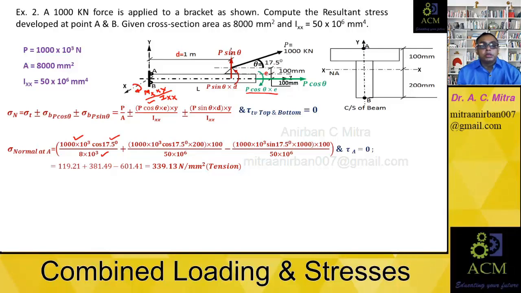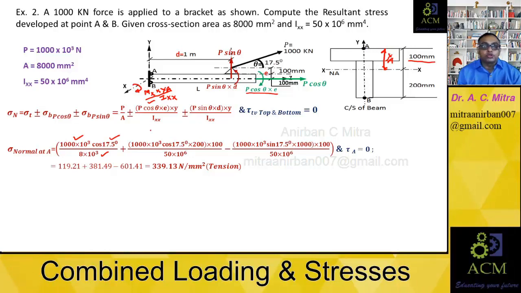So here the Mx equal to P cos theta into E, y is the distance for point A. So that will be basically YA. And what is that YA? YA is the distance from the x-axis or the neutral axis to point A. So that's the point called the YA, which will be 100 mm.